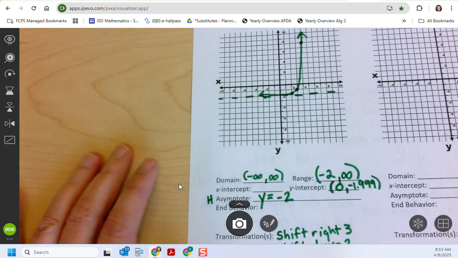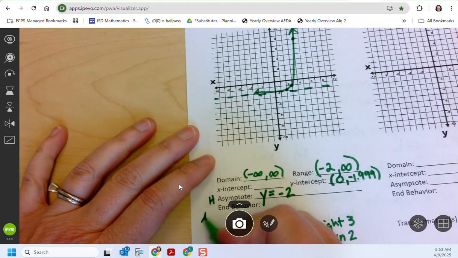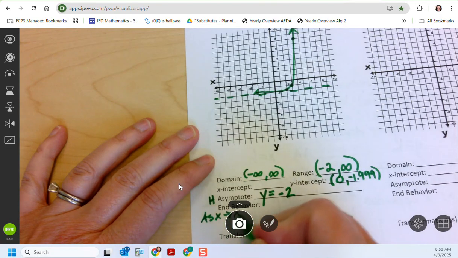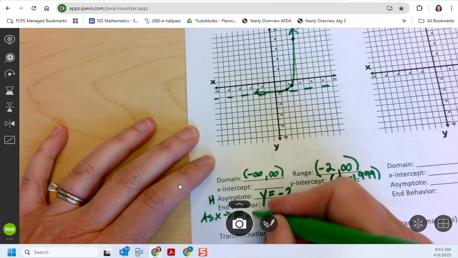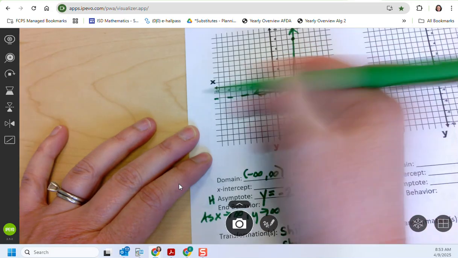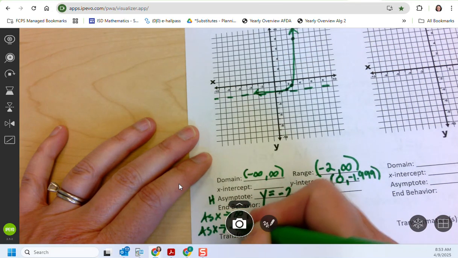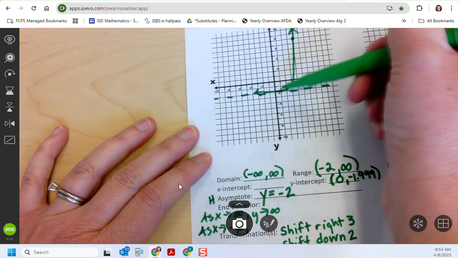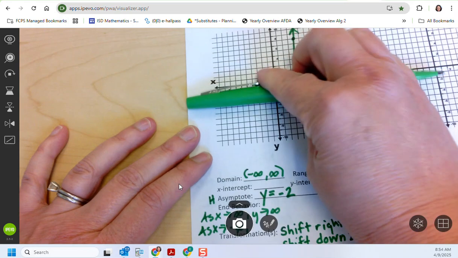We're going to do the end behavior. Okay, as x goes to infinity, the y is going to infinity. And then as x goes to negative infinity, the y is going down, but it's not going to go to negative infinity because it's stuck above this asymptote.